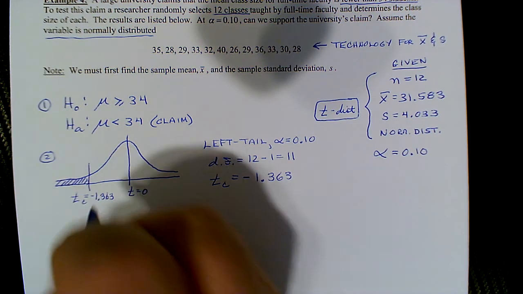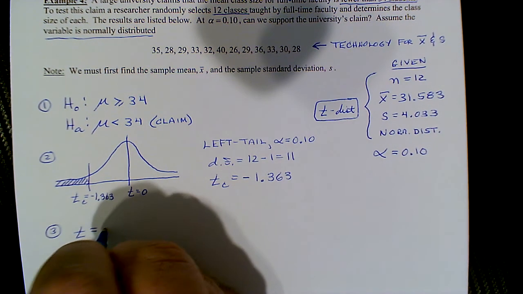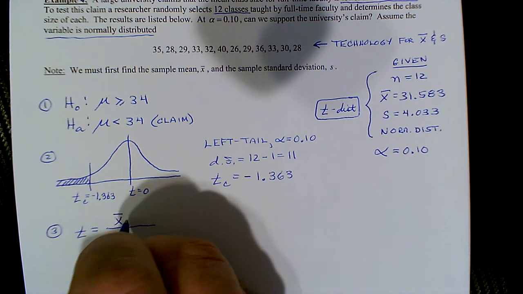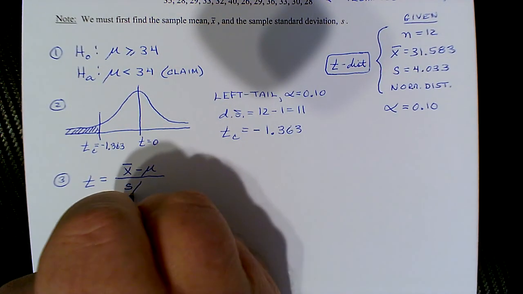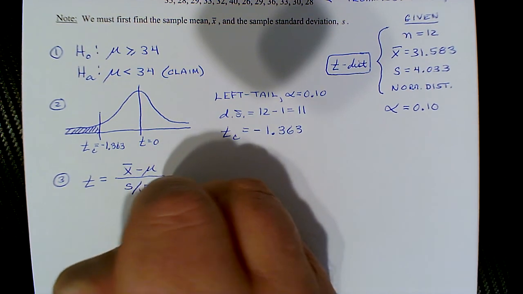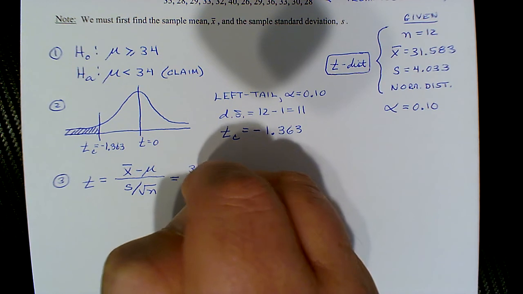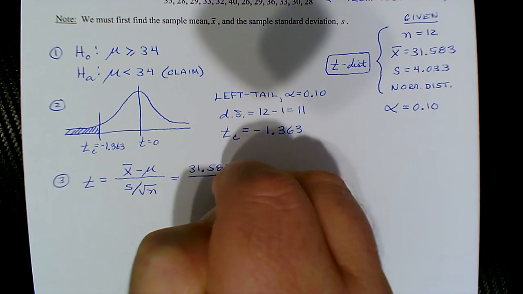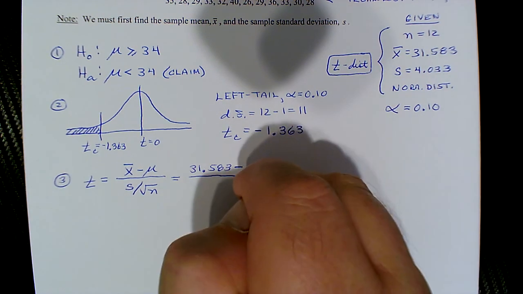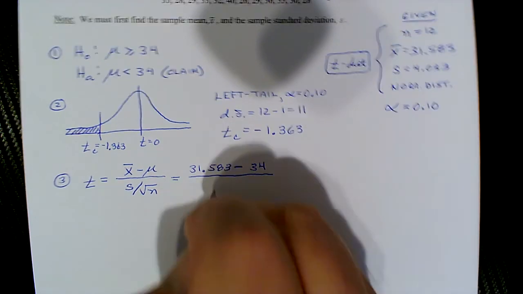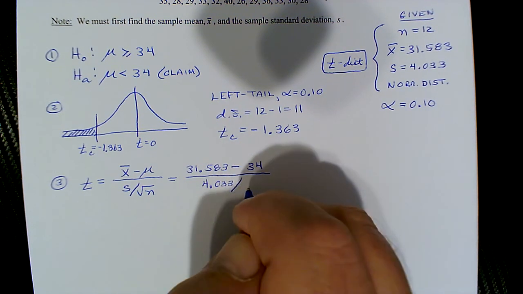Okay, so then our standardized test statistic. Again, the formula x bar minus mu over s divided by the square root of n. And x bar was 31.583 minus mu, again the hypothesized population mean, in this case 34, over s, the 4.033 divided by the square root of n, which was 12.